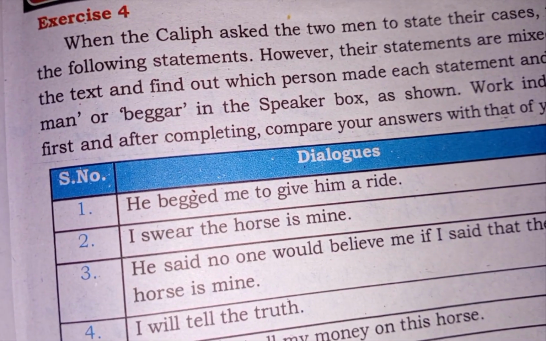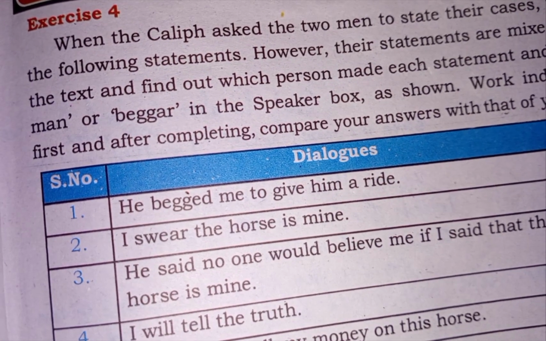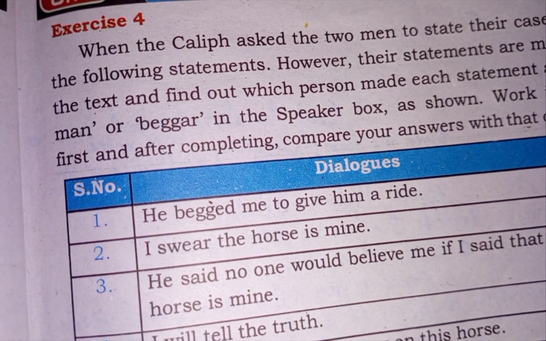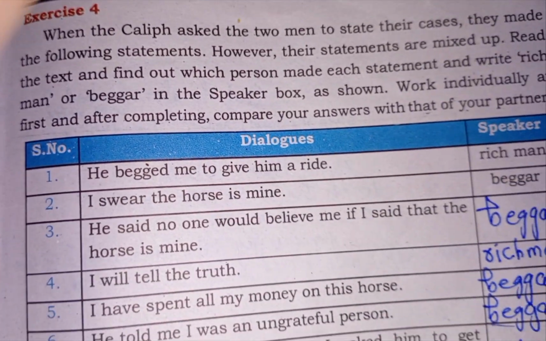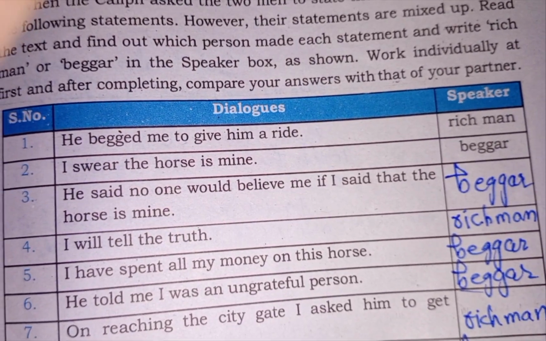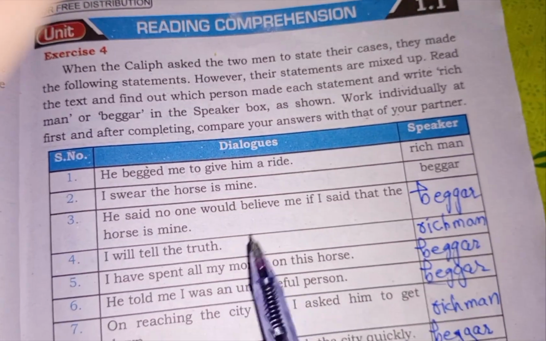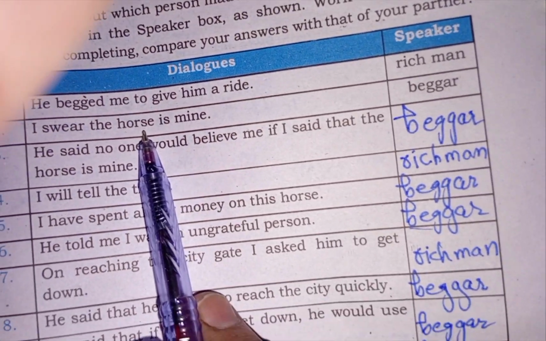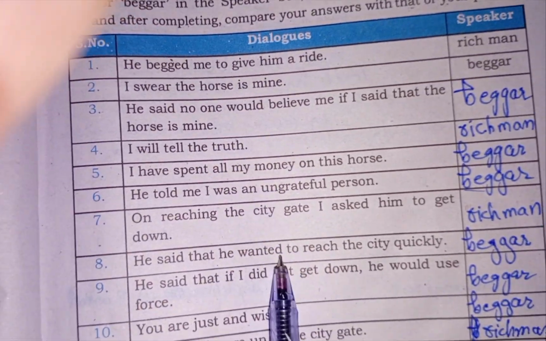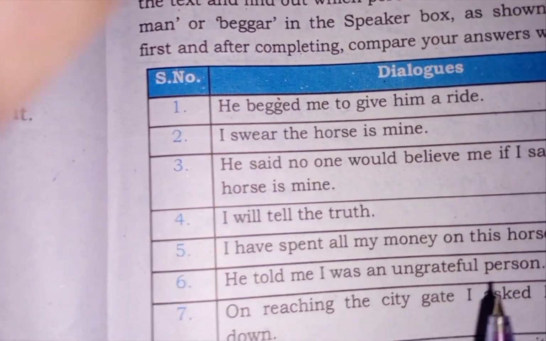In this exercise, dialogues are given to you and you have to find out whether each dialogue is spoken by the rich man, the beggar, the Qazi, or the Caliph.